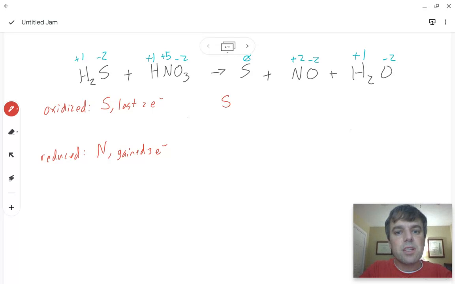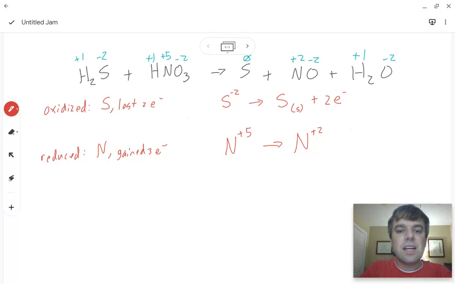If we were to try to write some half reactions for the basics of what's happening here, we have sulfur with a negative 2 turning into just plain old sulfur, solid sulfur in this case, and it has lost 2 electrons, so on the product side, we're producing 2 electrons. Then we have nitrogen, which is going from a positive 5 to nitrogen with a positive 2 charge.